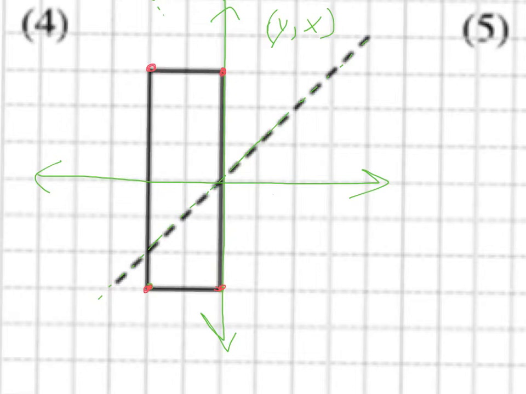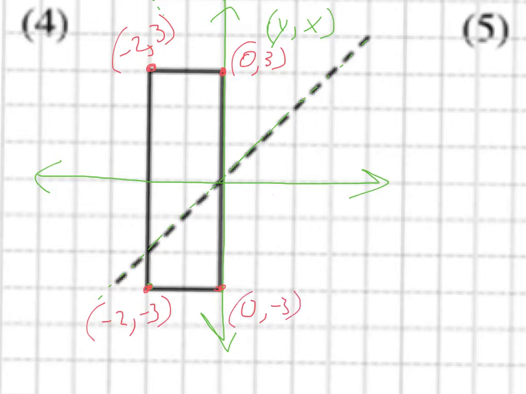The points would be -2, 3, 0, 3, negative 2, negative 3, and 0, negative 3. If we write those new points, well, 0, 3 is going to become 3, 0, which would be right here.